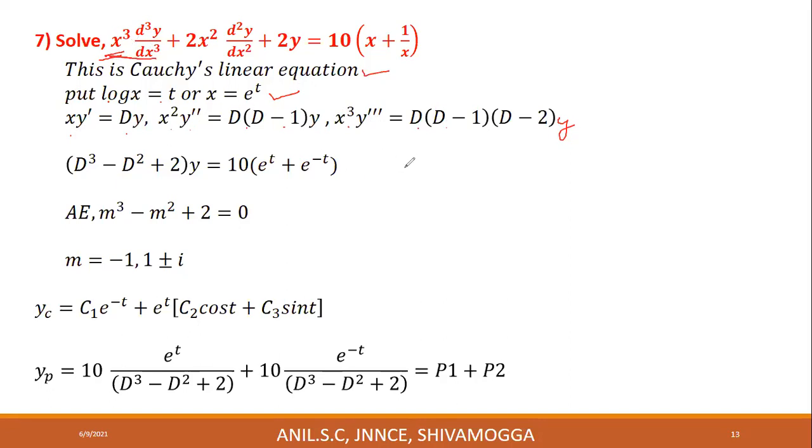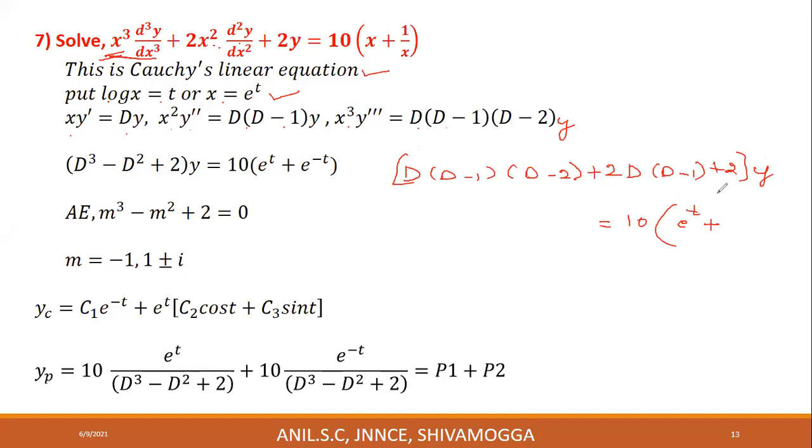X cube into y triple dash is D into (D minus 1) into (D minus 2), plus 2 into x square into y double dash, which is D into (D minus 1), plus 2 into y. This is equal to 10 into (x plus 1 by x). X is e power t, plus 1 by x is 1 by e power t, which can be written as e power minus t.